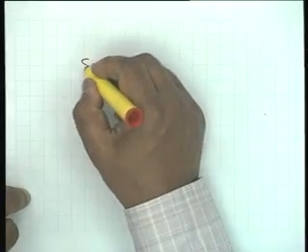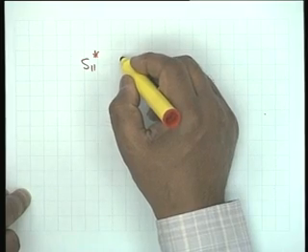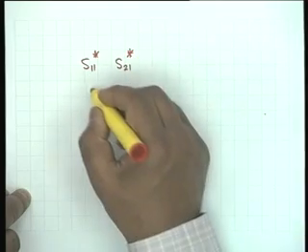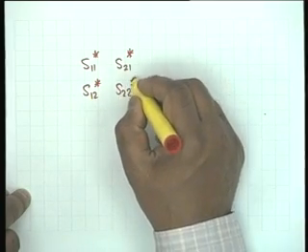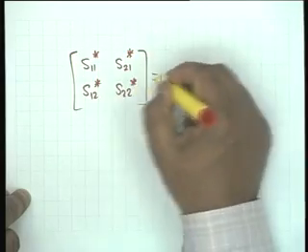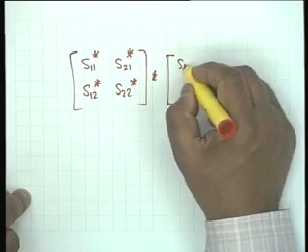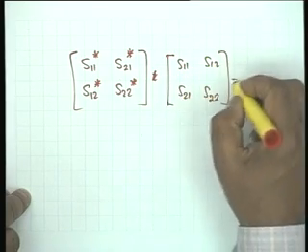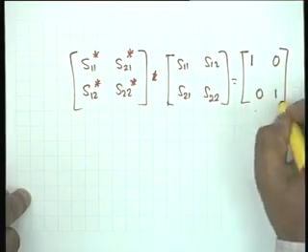If we write this in an expanded form, then I get S11 star. What will be the next term? S star transpose. So it would be S21 star, then S12 star, and S22 star. This multiplied by S11, S12, S21, S22 should be equal to the identity matrix, that is 1, 1, 0, 0.